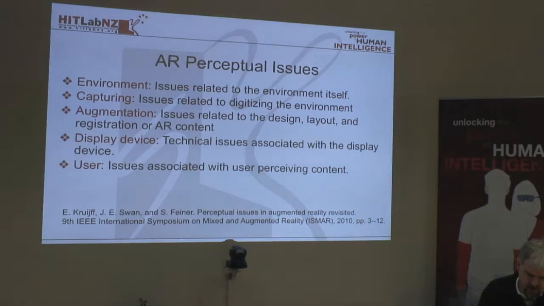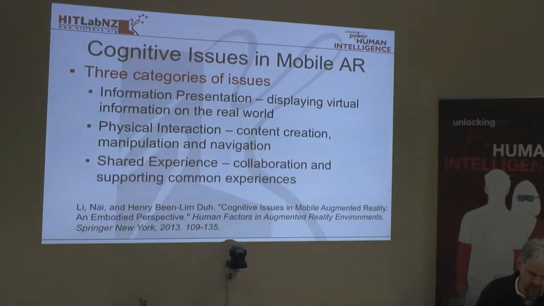There are three main categories of issues. One is information presentation, which are cognitive issues: how you can display information in the real world. The second is physical interaction: how can people manipulate the content they're showing. And then there are cognitive issues around creating a shared experience and building collaboration as well.